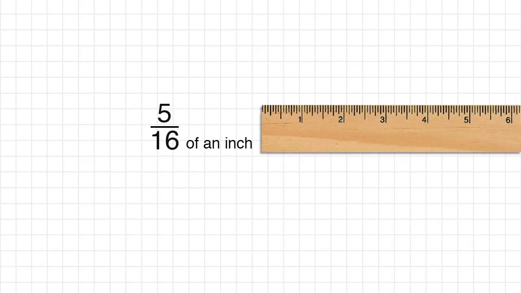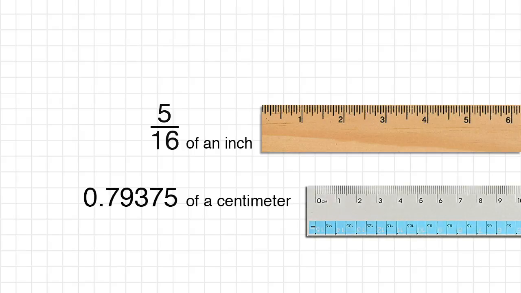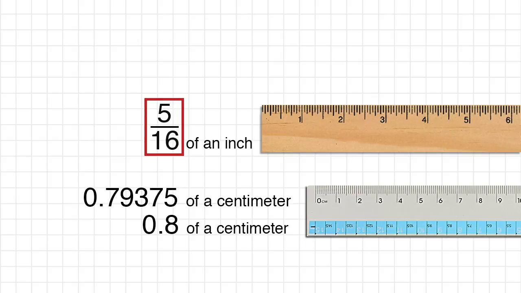Rather than 5/16ths of an inch, we can just use 0.79375 of a centimeter. In fact, for most applications, you could just use 0.8 of a centimeter, which is a number easier to calculate with than 5/16.